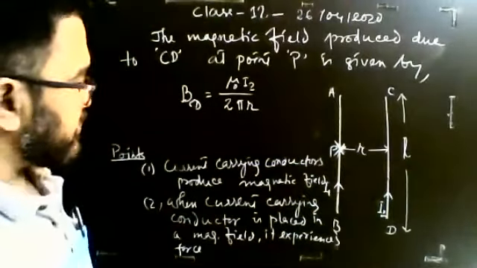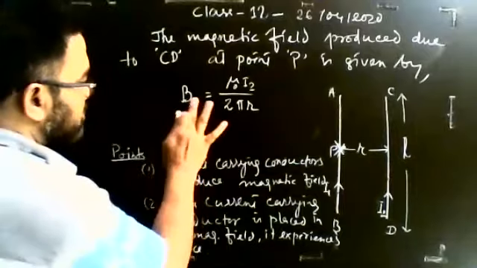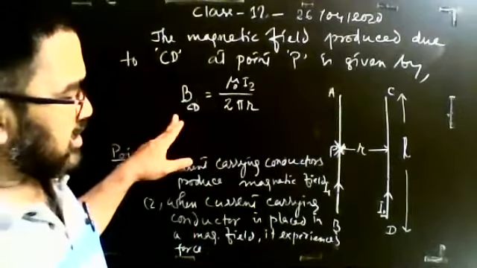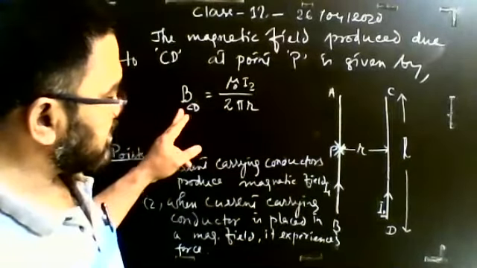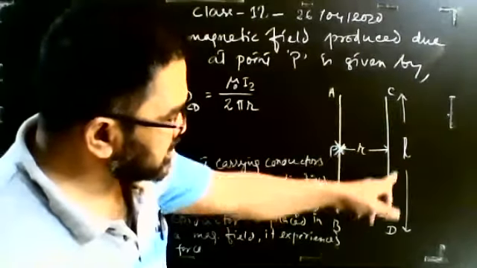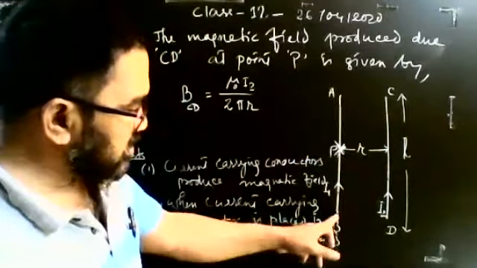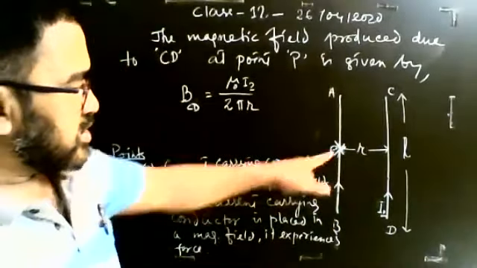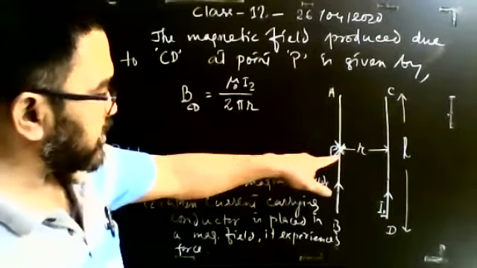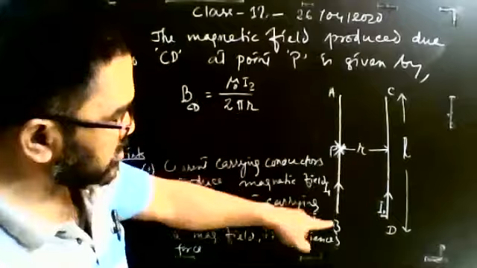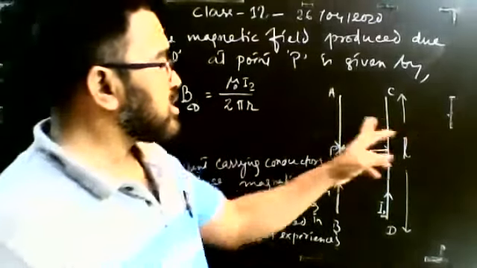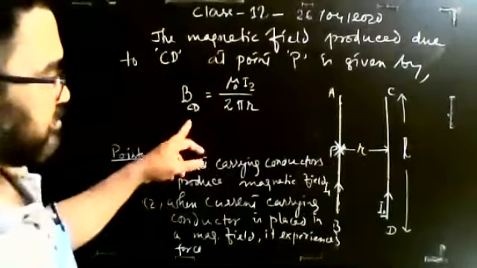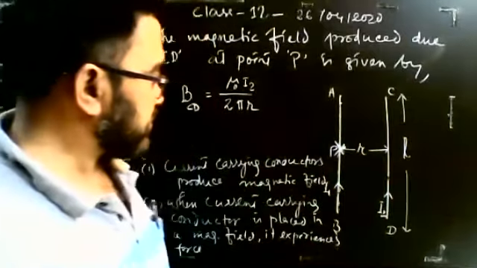Okay. Now the point is that the value of this magnetic field BCD at a distance R from this conductor will be the same at all points on AB. Because the conductors are parallel, at each and every point you will get the same value of magnetic field due to CD, right?